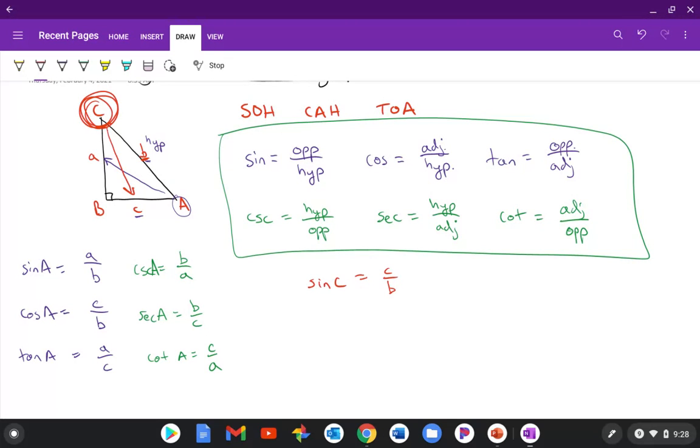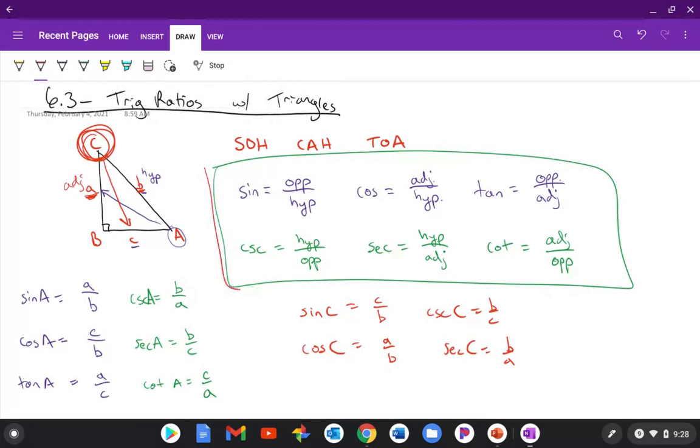If I were to then find the cosecant of C, okay, that would just be flipping it, B over C. All right, if I were asked to find the cosine of big C, well, that would then be the adjacent. Now the adjacent side is A, right? And then the hypotenuse is still always the hypotenuse, so that's A over B. And then, of course, the secant of big C would then be B over A, so on and so forth. So that changes things a little bit.